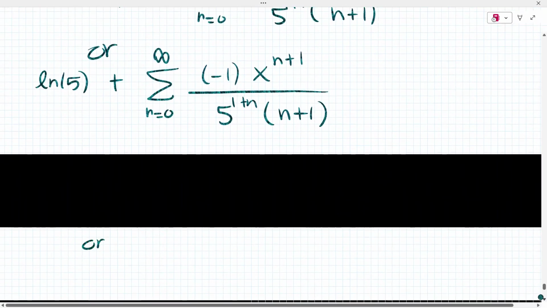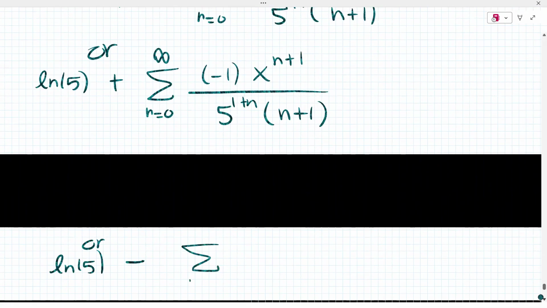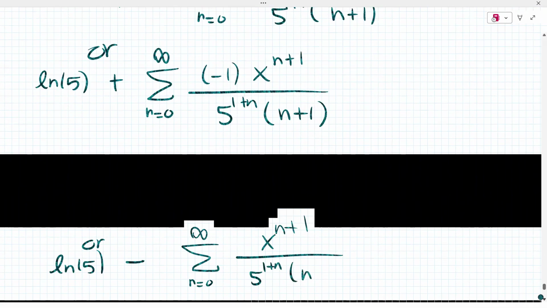Or you can also say ln of 5 minus the summation of n equals 0 to infinity of x to the n plus 1 over 5 to the 1 plus n times n plus 1.